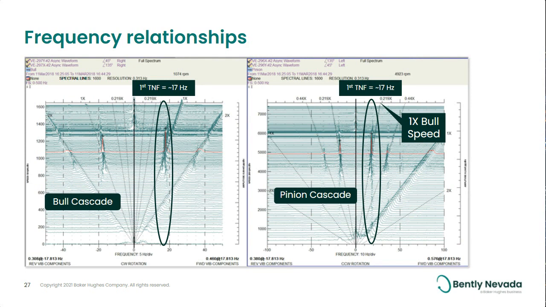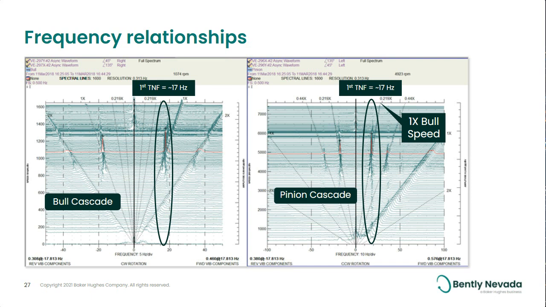You can see that there's something going on at about 17 hertz. Turns out that's the torsional natural frequency for the bowl gear. And as the bowl gear goes through that, it excites that 17 hertz on the pinion cascade.